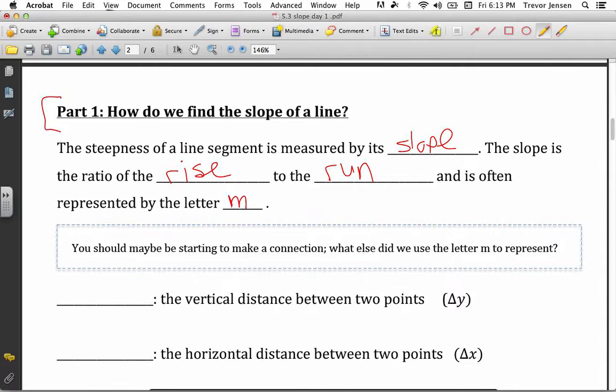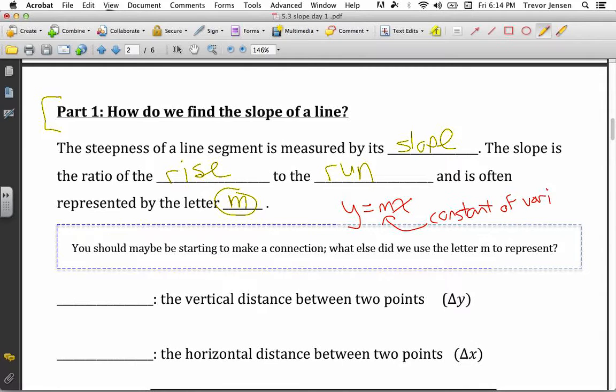You might be able to guess just by the words. But what I want to talk about right now is that we use the letter m to represent the slope of a line. If you remember back to the previous two lessons about partial variation and direct variation, direct variation has an equation of y = mx, and we use the letter m there again to represent the constant of variation.